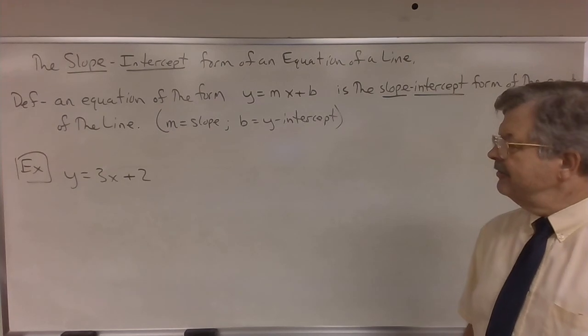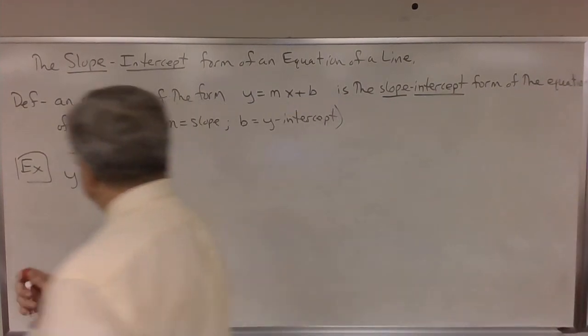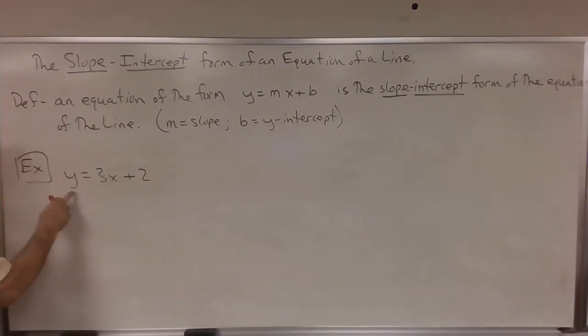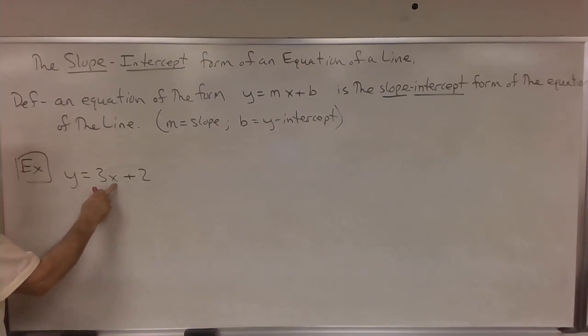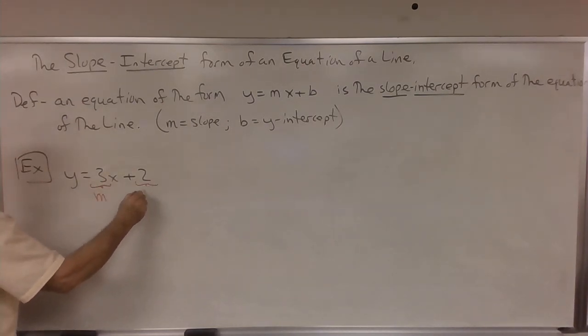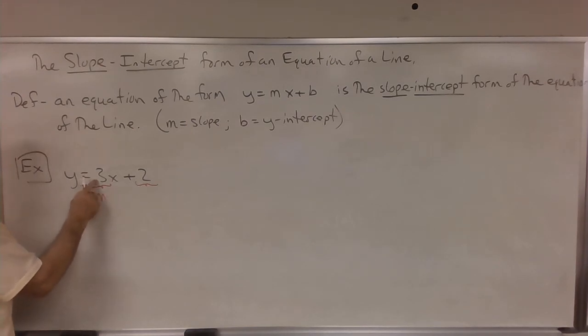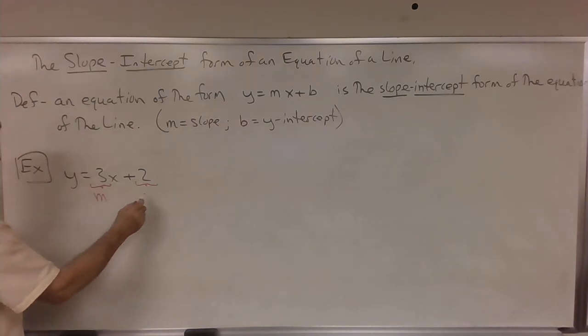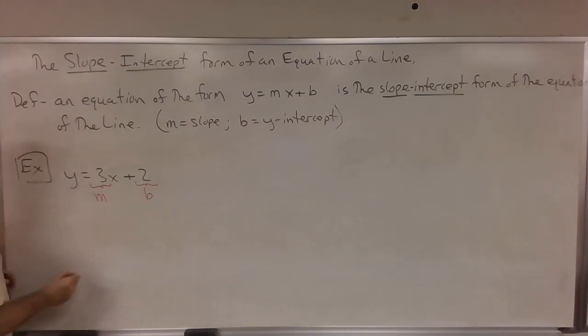And let's look at this example. We have it in the form of y equals some constant times x plus another constant. Well, this 3 is our y-intercept m. No, I beg your pardon. This 3 is the slope m. 2 is the y-intercept b.